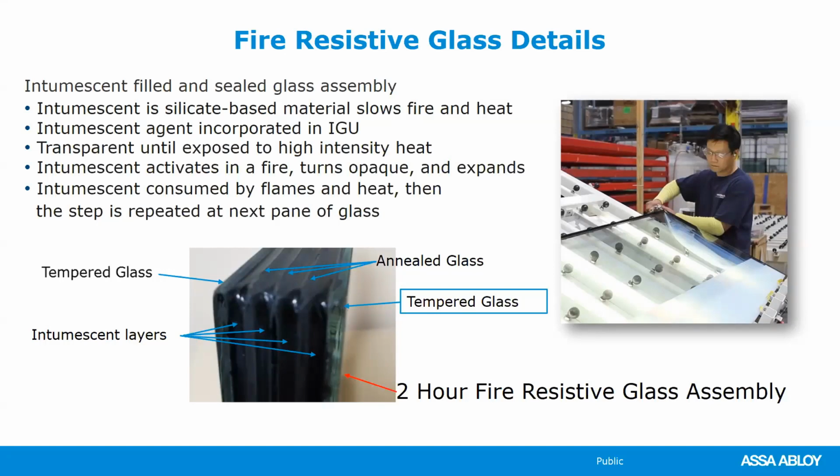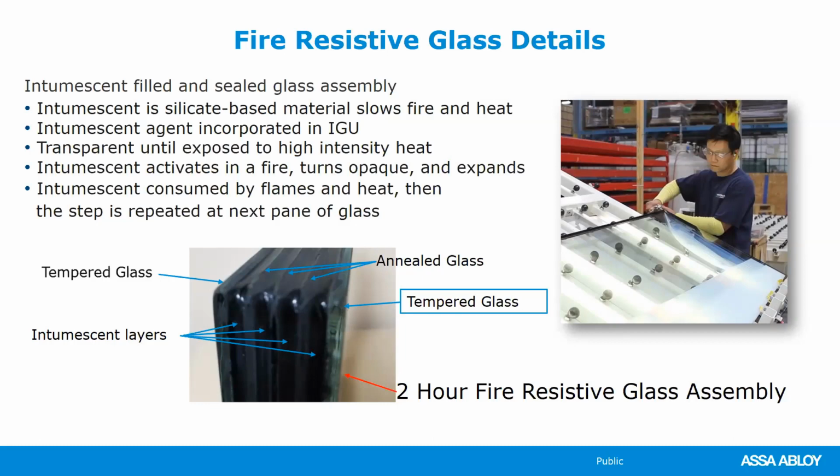If you note the picture on the left, it looks very similar to an insulated glass assembly. The reason it's being filled on an angled table is to make sure that there is no air entrapped. The amount of intumescent pumped into the assembly is predetermined and calculated to ensure that there is no reverse hourglass or hourglass effect to the glass.